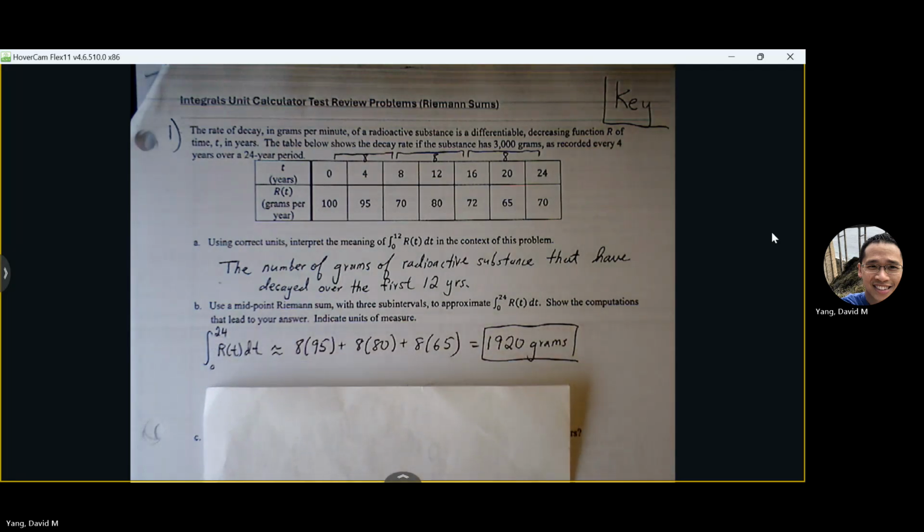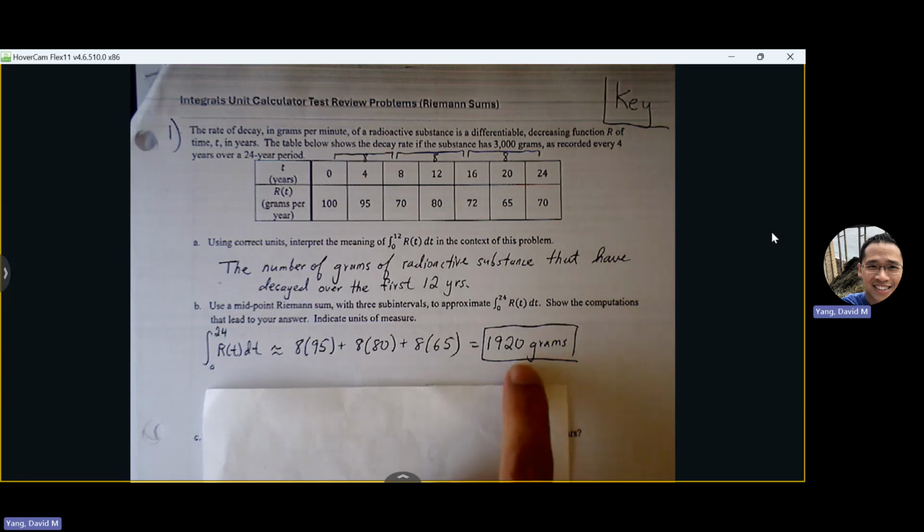So if we have this rate accumulated over the 24-year period, we're going to get the amount of substance that's actually going to accumulate. So this tells us that over the 24-year period, 1,920 grams of radioactive substance will have decayed from that initial 3,000.